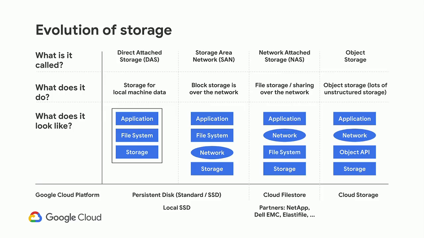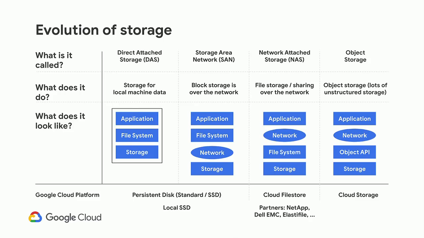That obviously became quite inefficient as the amount of data grew and the amount of CPU resources grew, and the idea of storage over a network evolved into two main categories: storage area networks and network-attached storage.